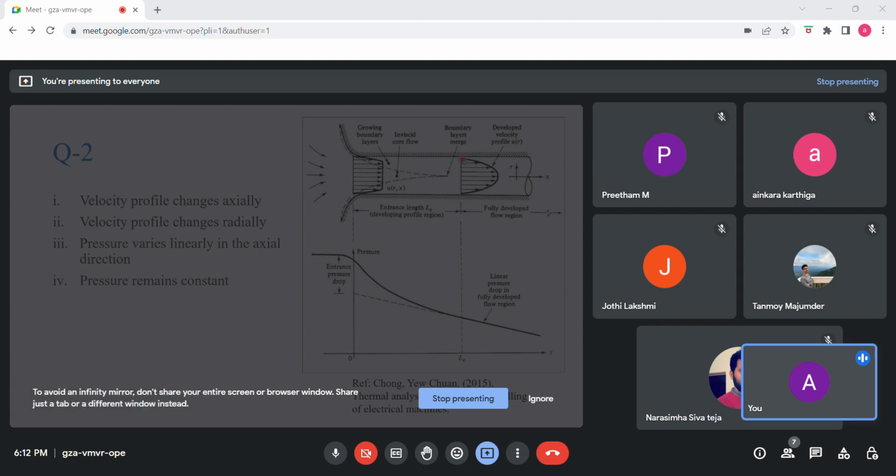After fully developed flow, it does not vary axially, but before that, it changes axially also. And the velocity profile also changes radially. We can see that near the wall, from the no slip condition, it is zero, and towards the center the values are high. So the velocity profile changes axially as well as radially.